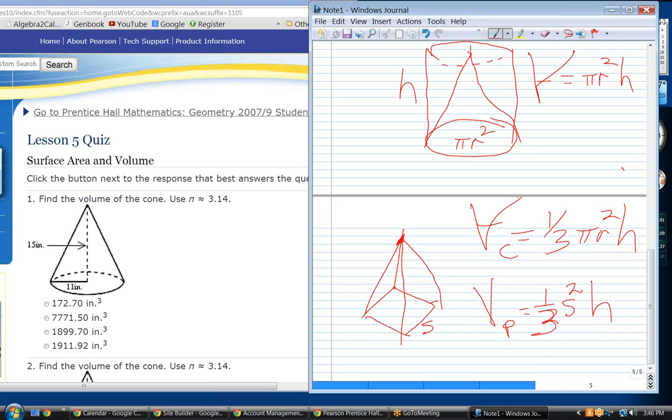So this same principle holds whenever you're going to a pointed middle. You lose 2/3 of the volume. So the remaining volume is always going to be 1/3 of what it would be if this was a straight object, straight up and down, where everything was the same. So that's one way to memorize it, is that it's always 1/3 when you're dealing with a cone or a pyramid.